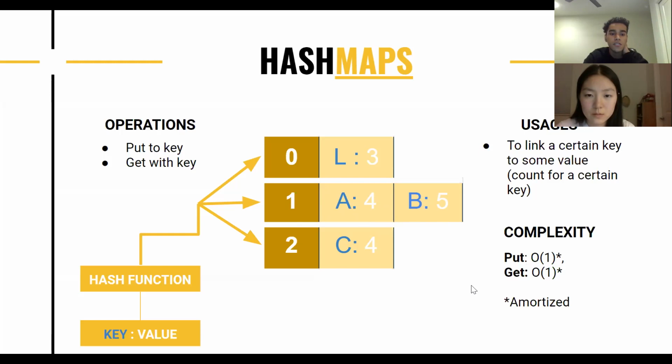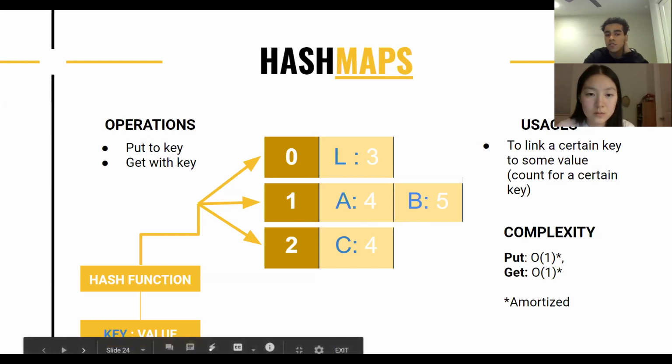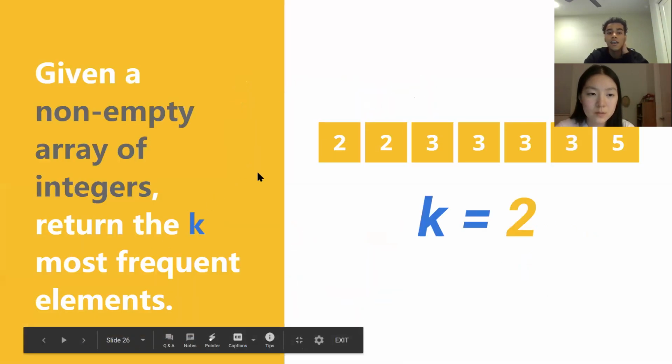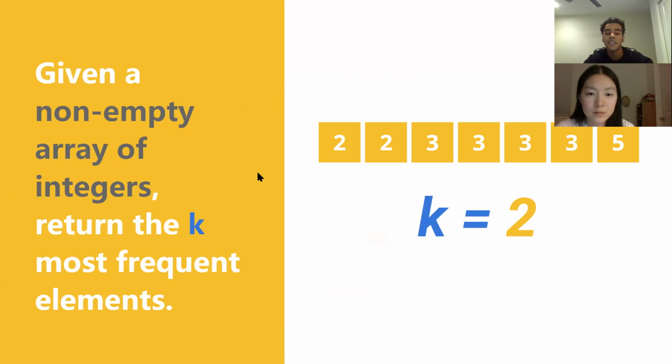And one possible question which you could solve with a hash map is k most frequent elements. Whenever you see frequency used in a coding problem, in a coding interview, immediately jump to hash maps because they are the best for aggregating counts inside of a data structure.